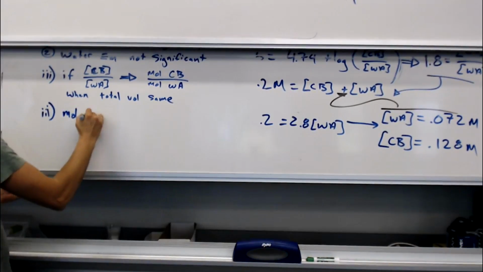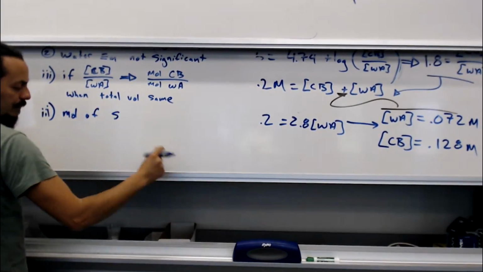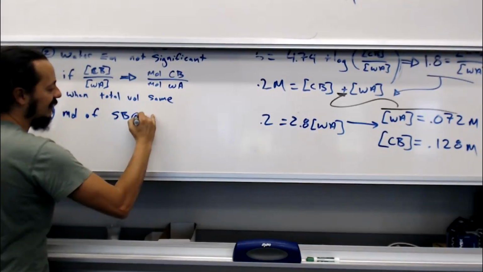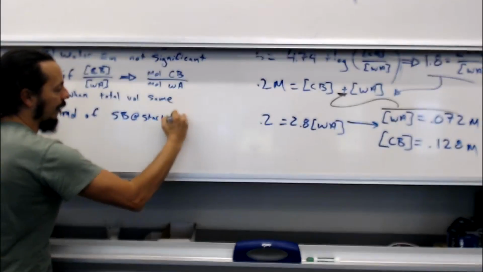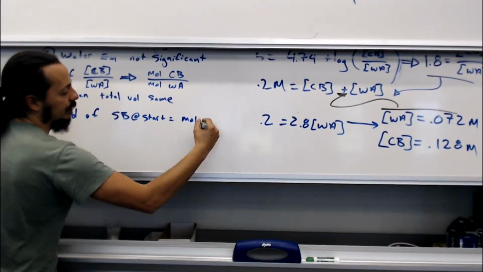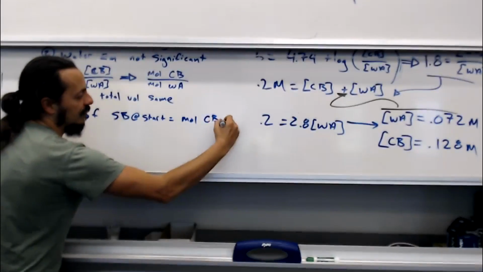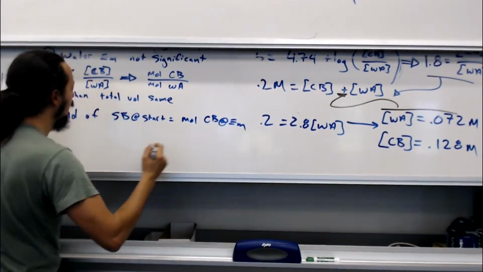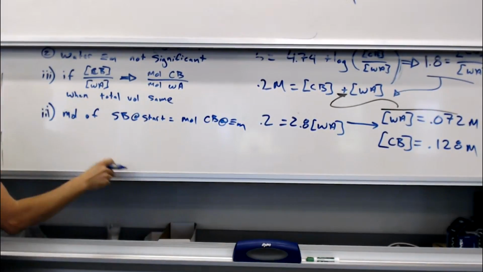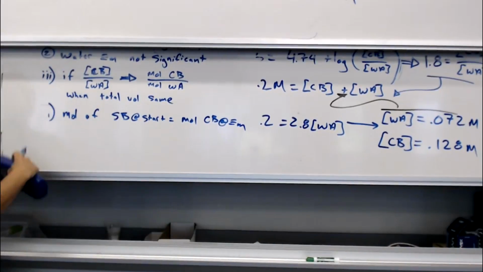The moles of strong base at start equal the moles of conjugate base at equilibrium. Oops, I did number 3 twice.